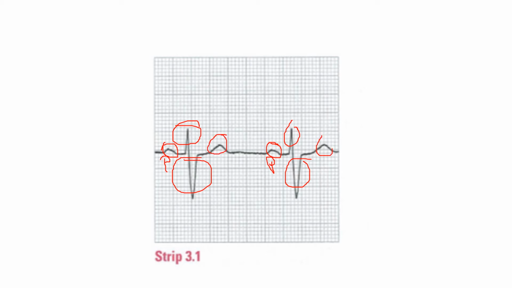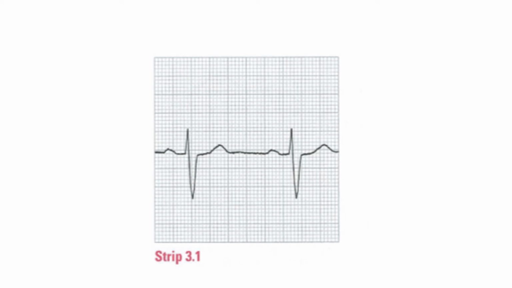Yep, you have T waves, and they are after the QRS. So don't think that this T wave can be interpreted as a P wave. Your P waves are small, your T waves are going to be bigger. So you have a P, an R, an S, and a T.